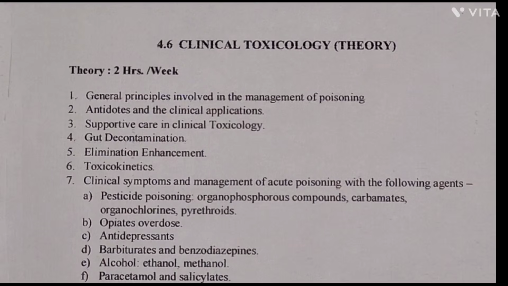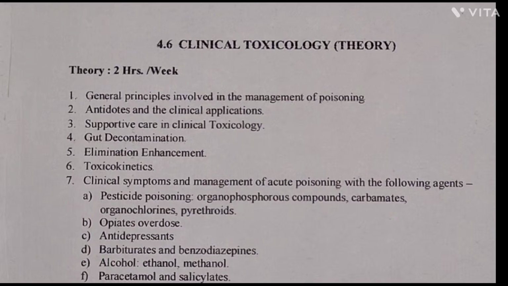Once we are very clear on that topic, then understanding and managing the poisoning condition will become comparatively easy. So we are going to spend some more time basically in chapter 1.